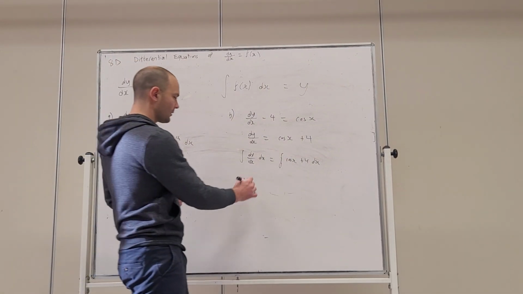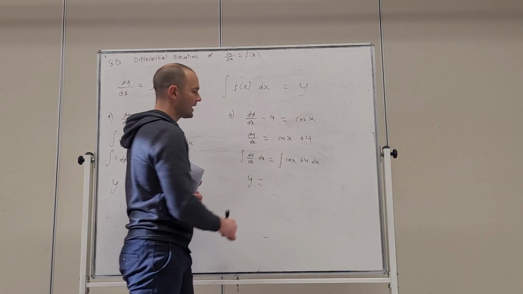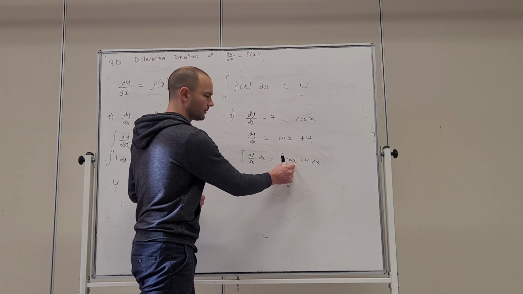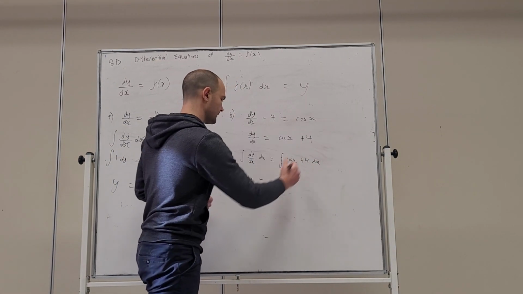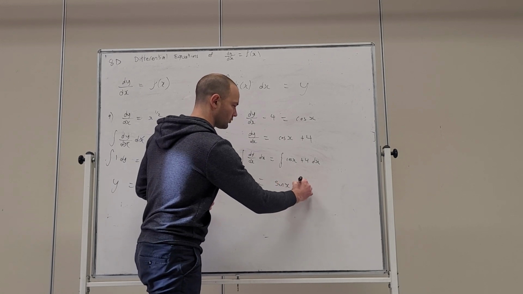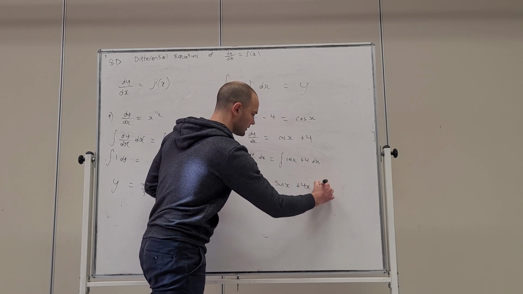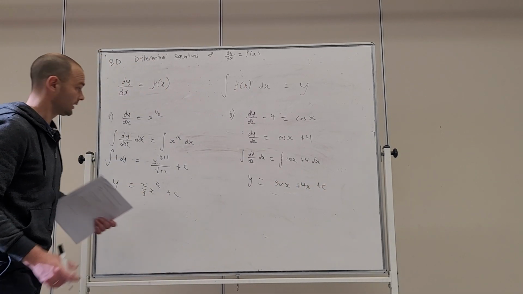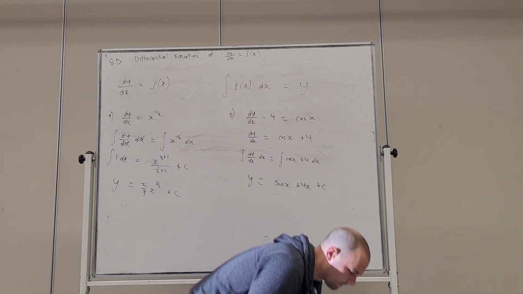On the left-hand side, we're going to have y, and on the right-hand side, we're going to have the integral of cos, which is positive sine. The integral of 4 is 4x, and then plus c. There's the general form.